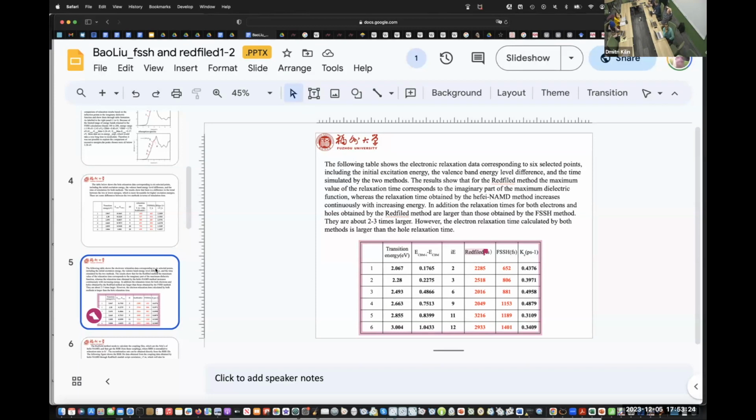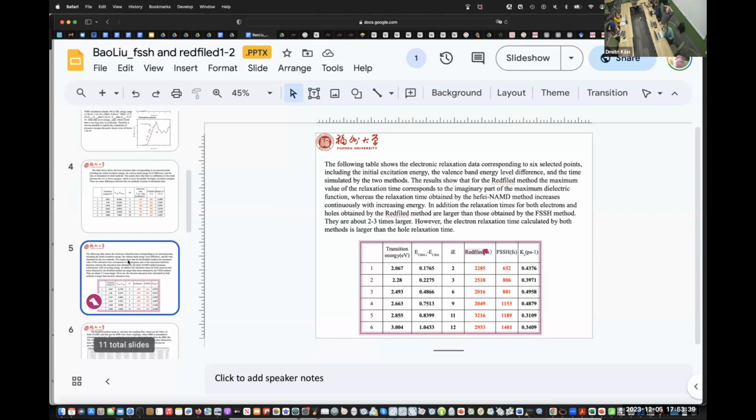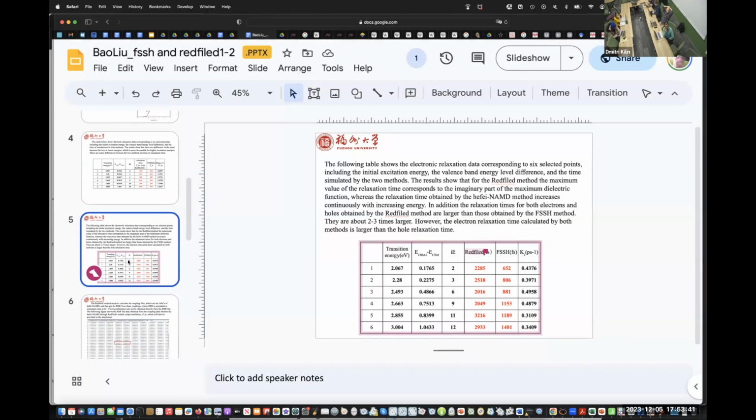So for addressing this question with a little bit more detail, I would be happy to look at density of states and spaghetti plot.